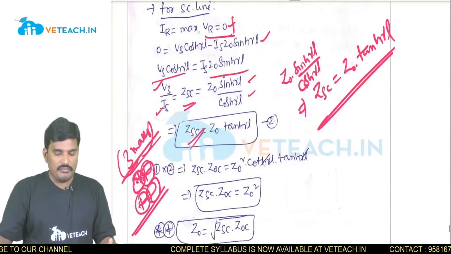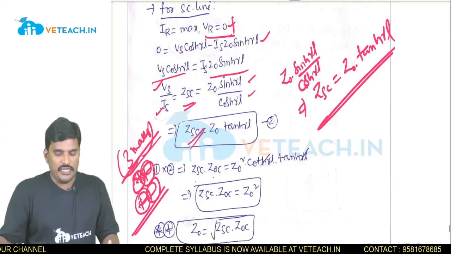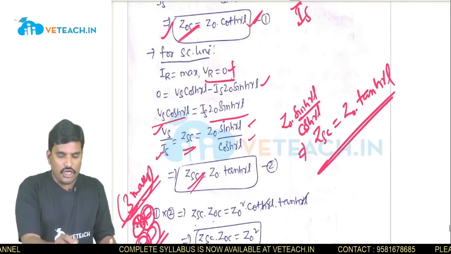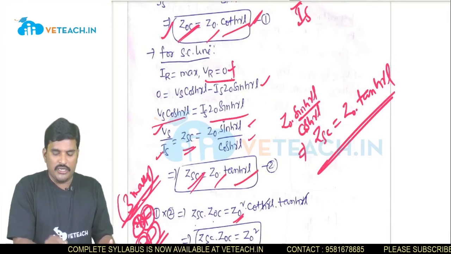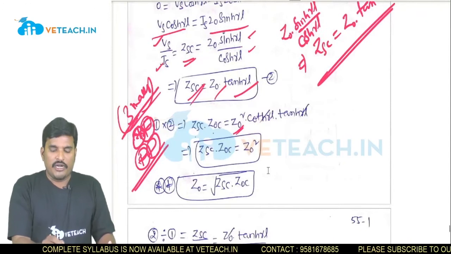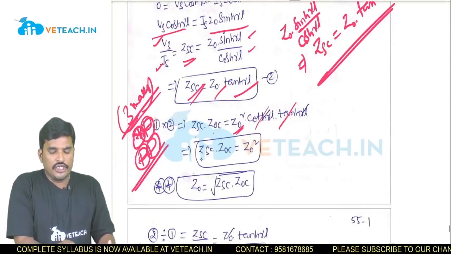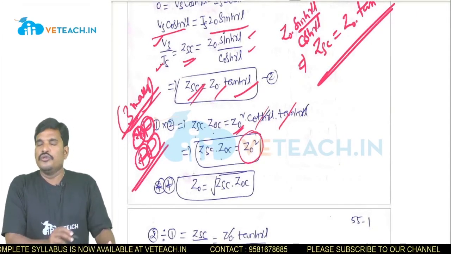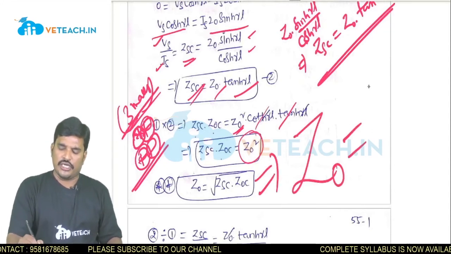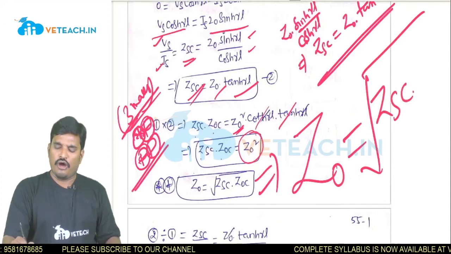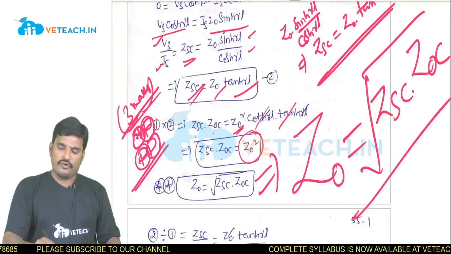What happens when I multiply equation 1 and equation 2, ZSC and ZOC? Remember ZSC into ZOC is nothing but, we have the Z0 term, Z0 squared, and coth γL into tanh γL. Multiply the things, then ZSC into ZOC is equal to Z0 squared, so I find a very important relation: Z0 is equal to root of ZSC into ZOC.